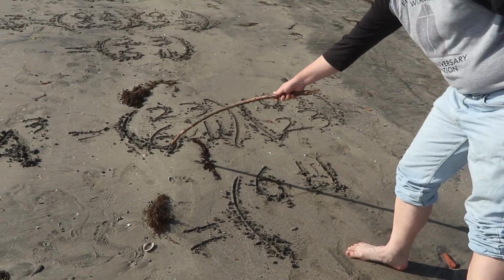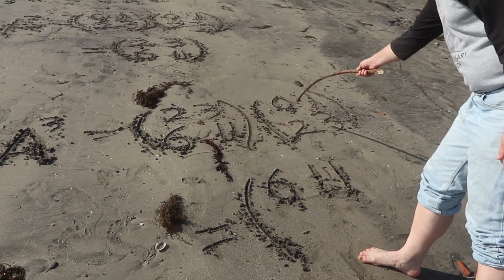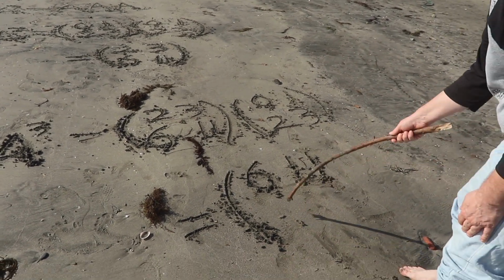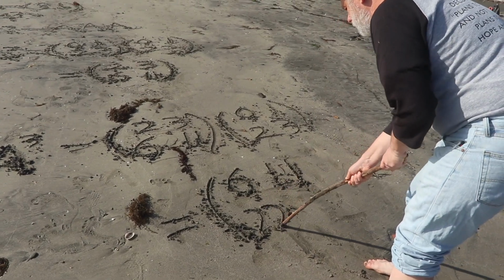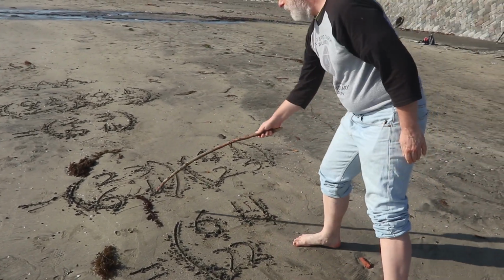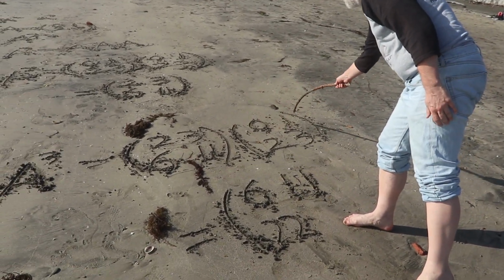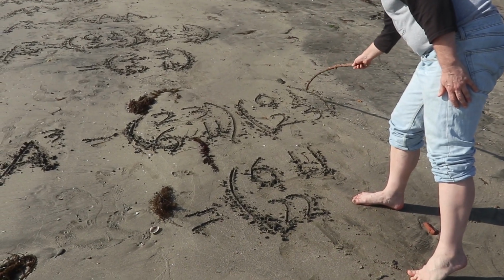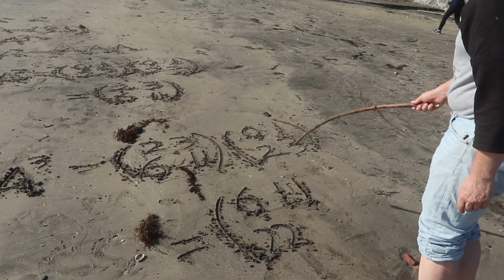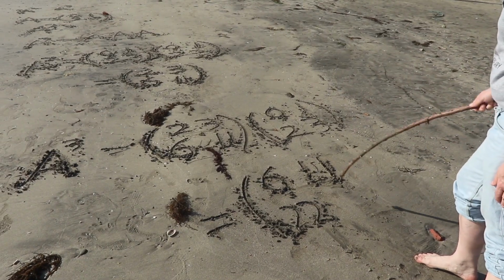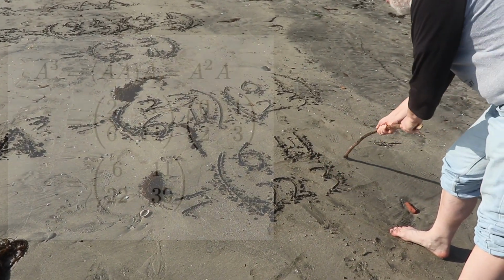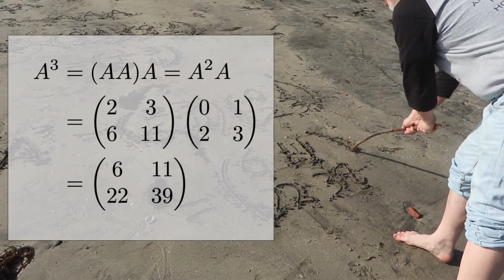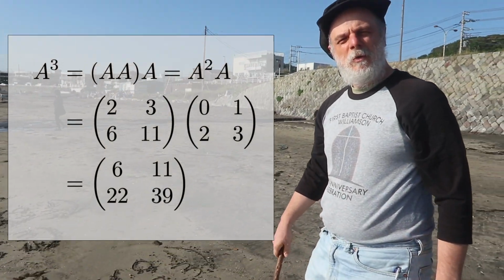And then second row, 6, 11, times the first column will be 6 times 0 plus 11 times 2, that's 22. And then 6, 11 times 1, 3 is 6 times 1 is 6, plus 11 times 3 is 33, so it's 39. So that's our A cubed.